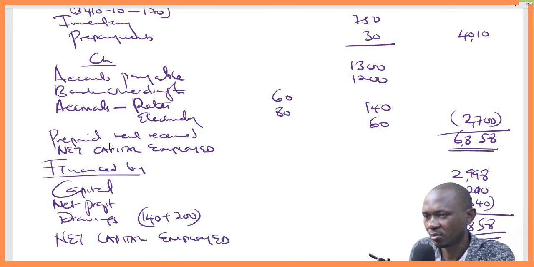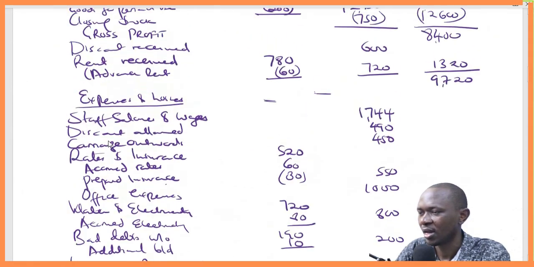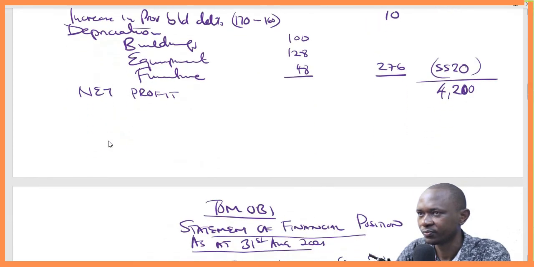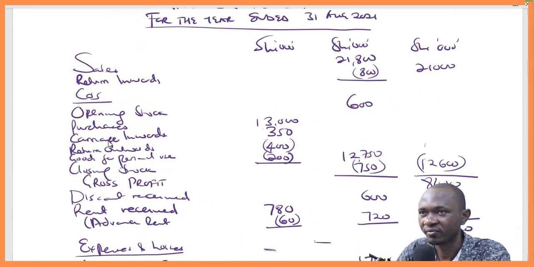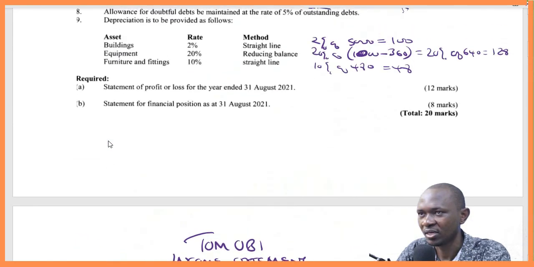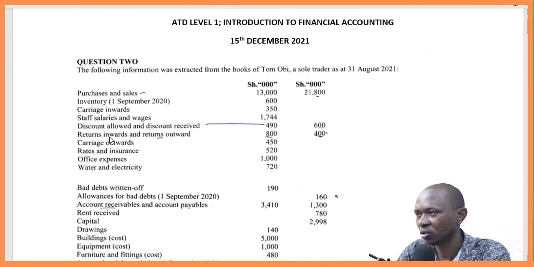So net capital employed 800, 68.58, 68.58. So this question is well balanced, and we've had a very good lesson here that you should always be very keen and work on accuracy.